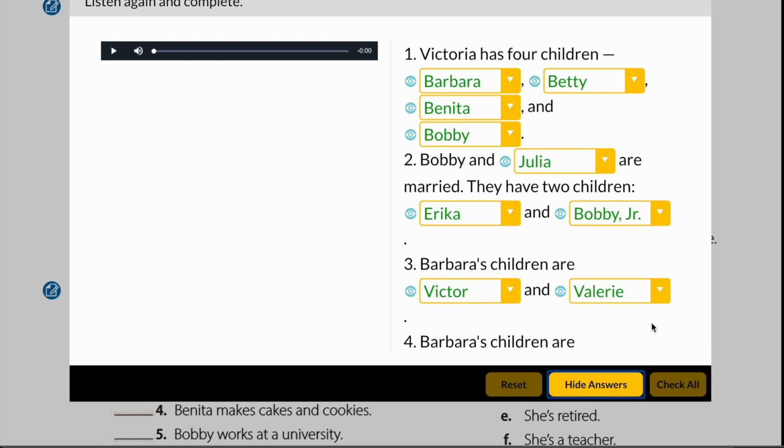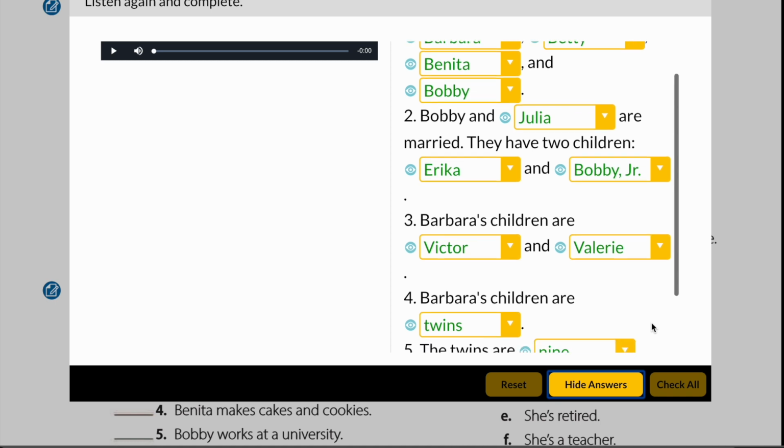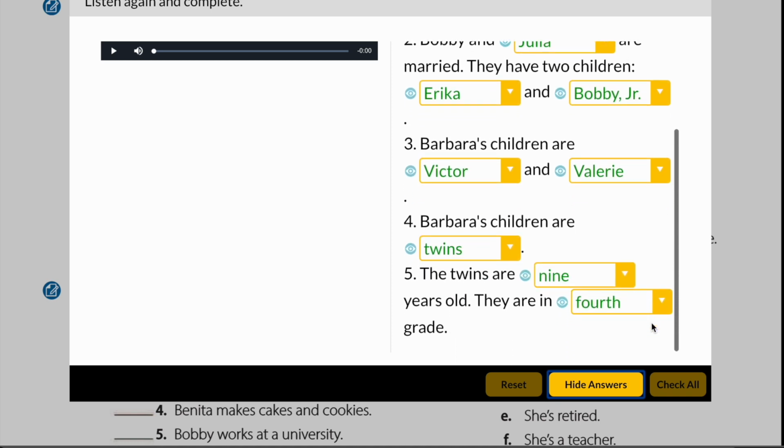This one is, Barbara's children are twins, but in the textbook it's just the names, Bobby and Erica. Sorry, I'll show you the answers.